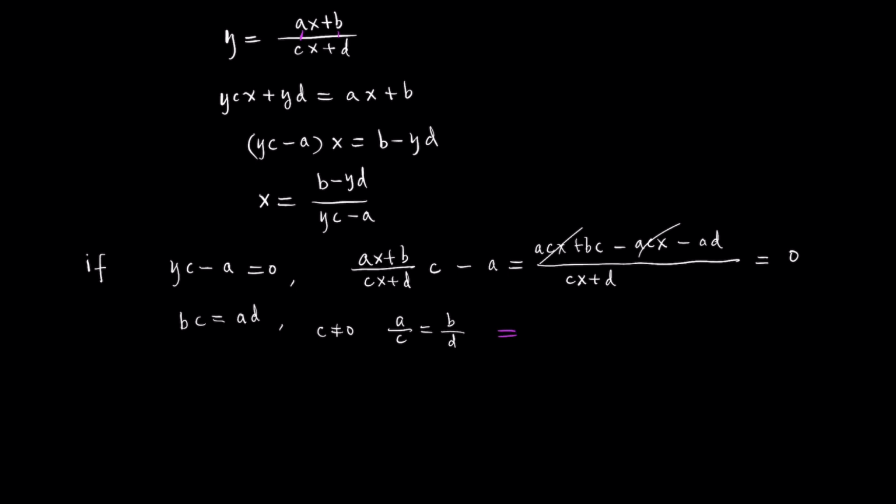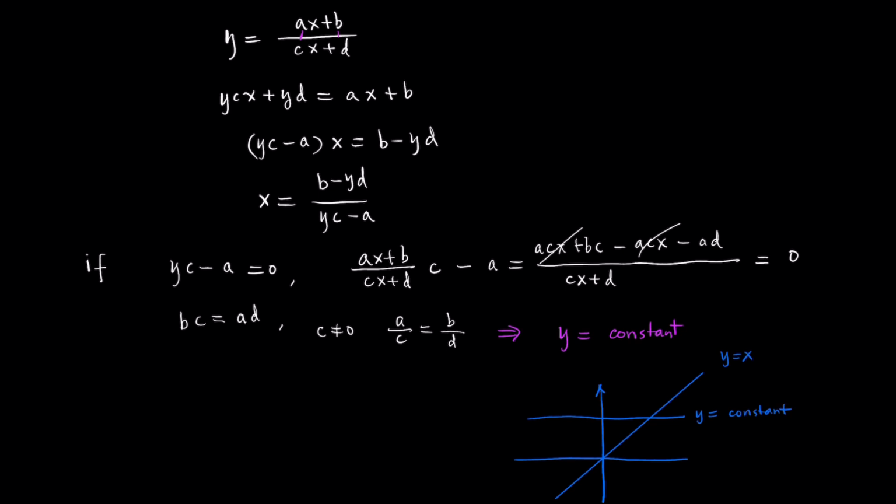So in that case y equals some constant, and the graph is a straight line. This graph, of course, is not symmetrical with respect to y equals x. This is y equals some constant. So this cannot be the case.